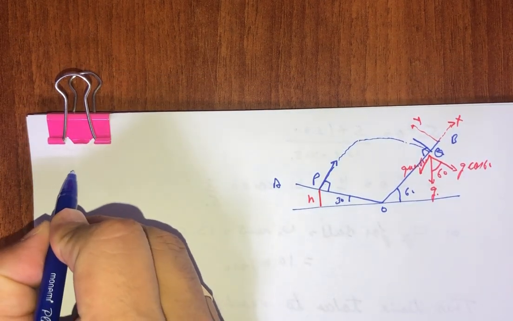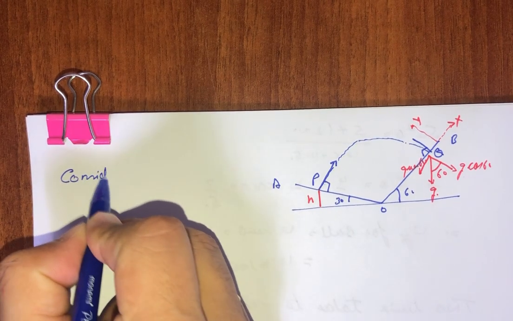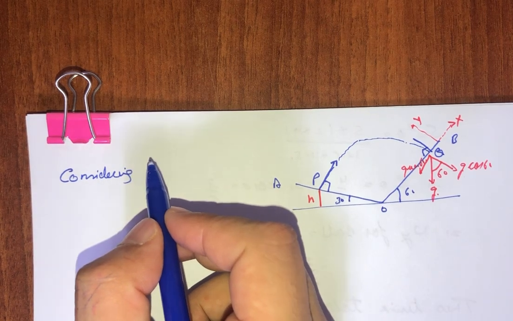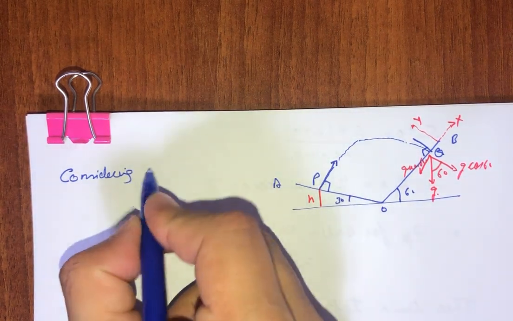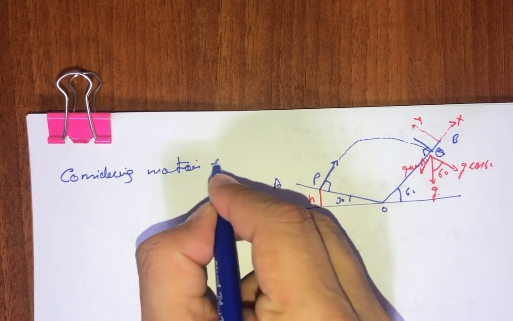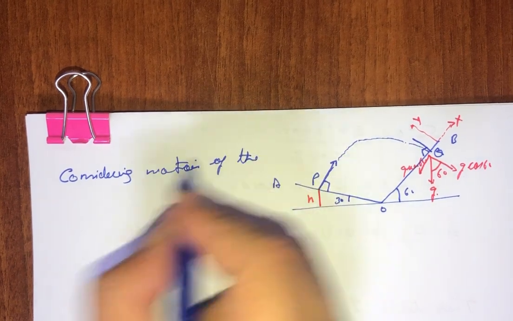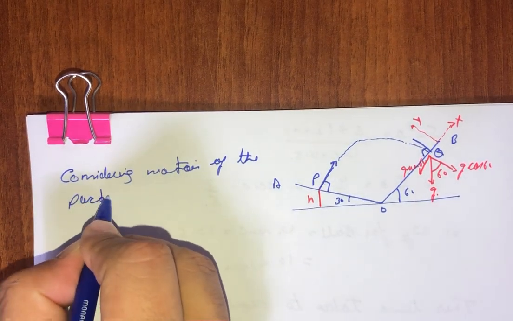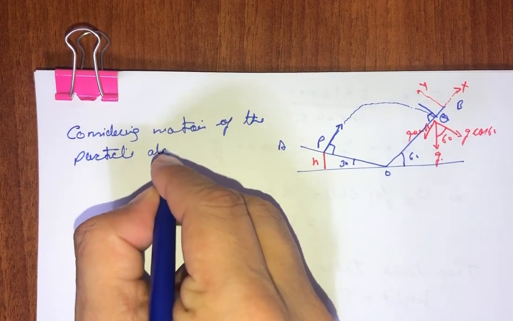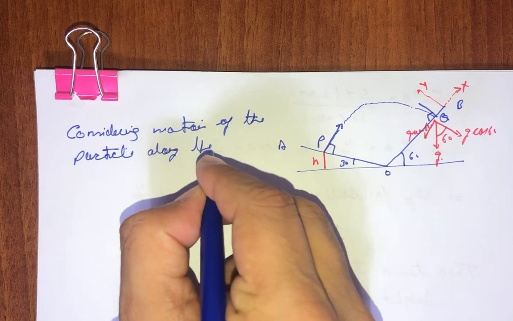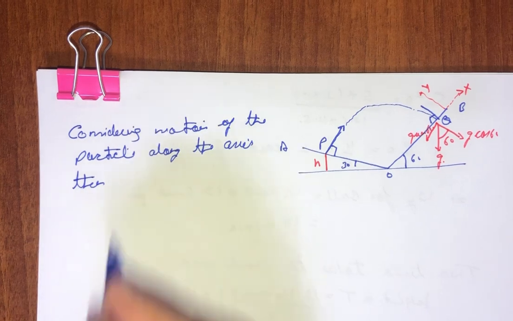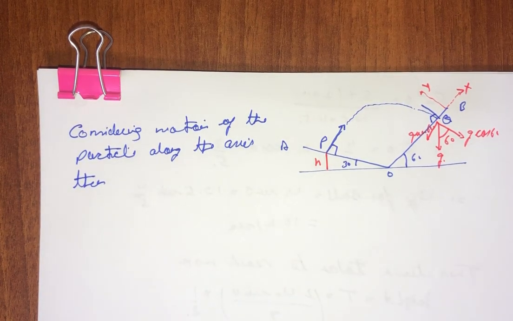So considering the motion of the particle along the axes, that is the x-axis and y-axis, we can find out the various components associated with the axes.